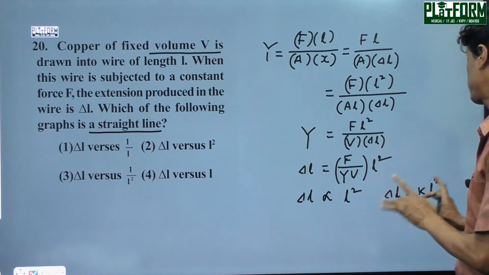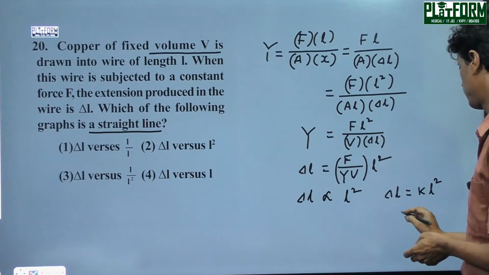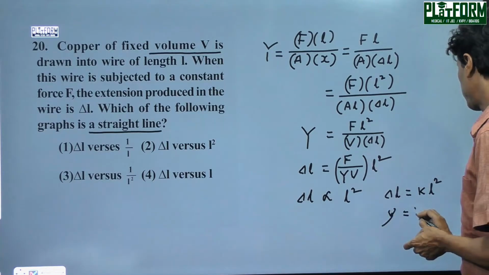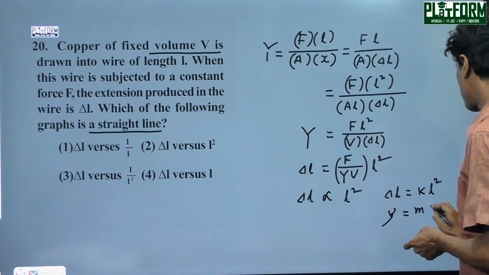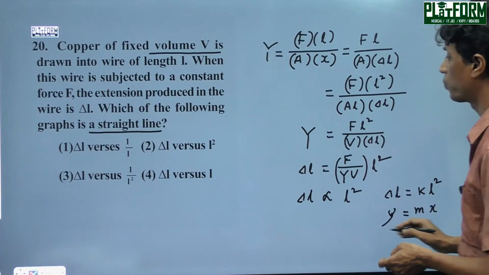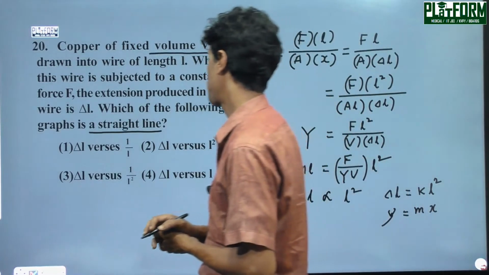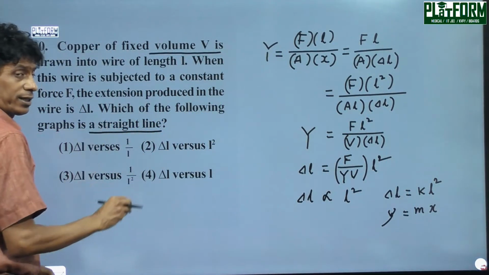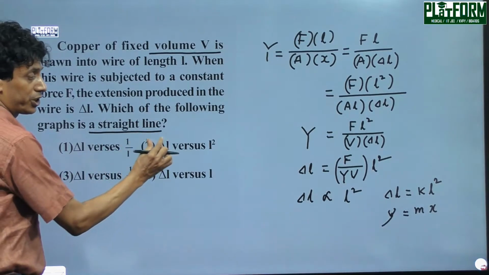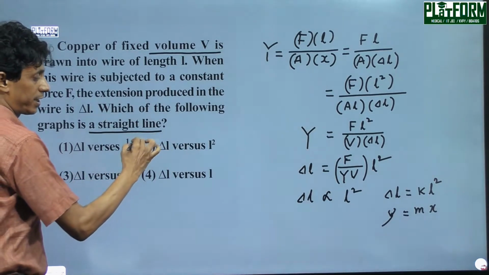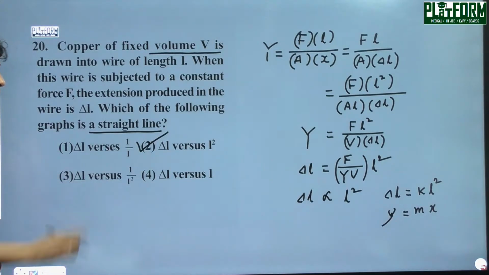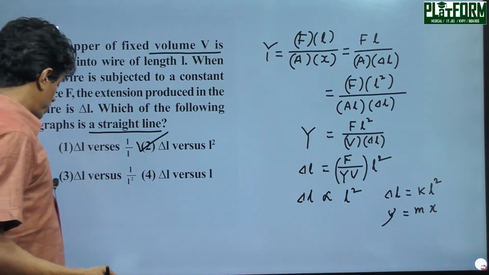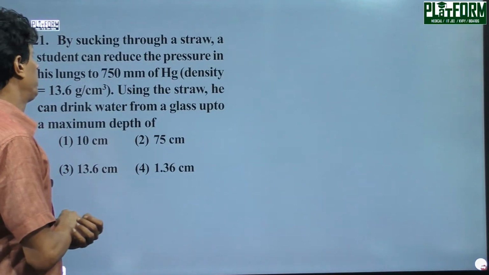This is not a force constant but a proportionality constant. Del L is taken along the Y axis and L square is taken along the X axis. So this equation becomes a straight line. So by comparing this, we can say the right option is the change in length versus L square, the straight line graph. Next question of this video session.